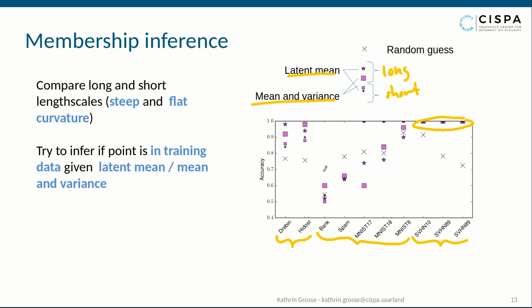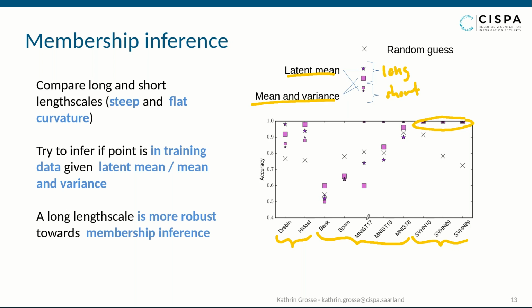Then here, we sort of got what we expected, which is that a long length scale is robust and a short length scale is usually a little bit less robust. And these datasets here, the malware datasets, they are very sparse. And as soon as you fix sparsity, which we did in detail in the paper, you're going to get the same results as for this big group. So we conclude that a long length scale is more robust towards membership inference.